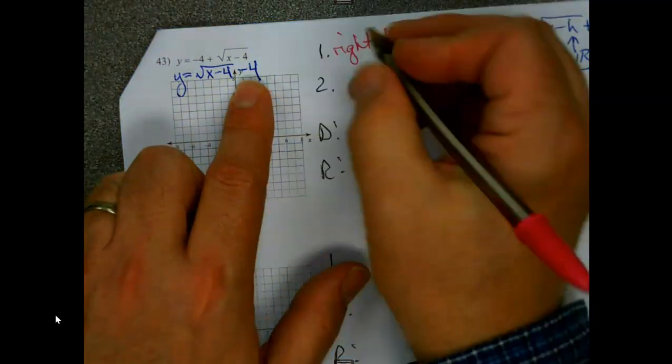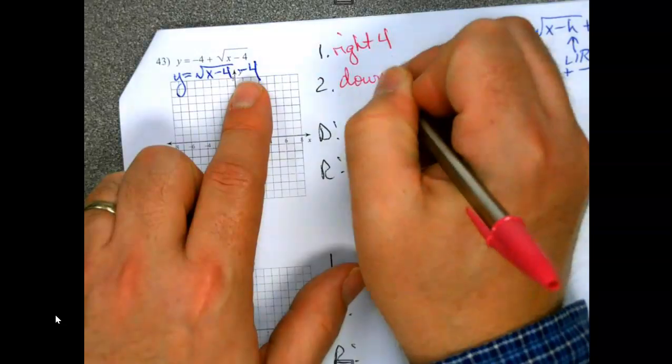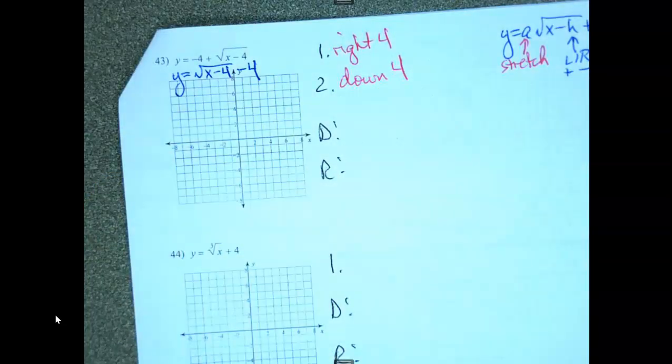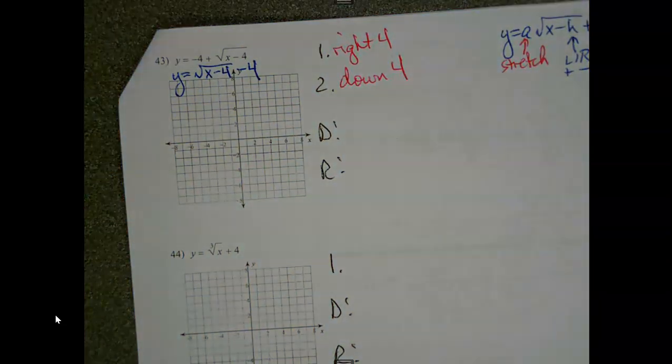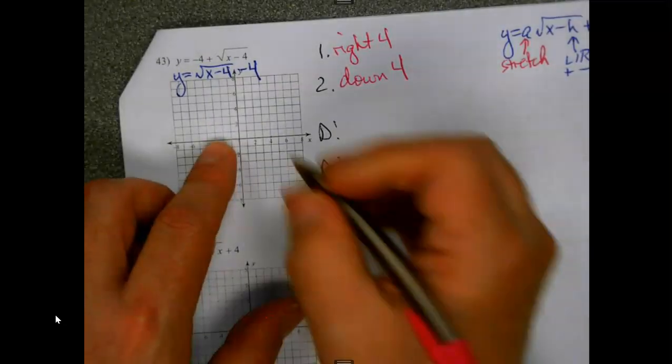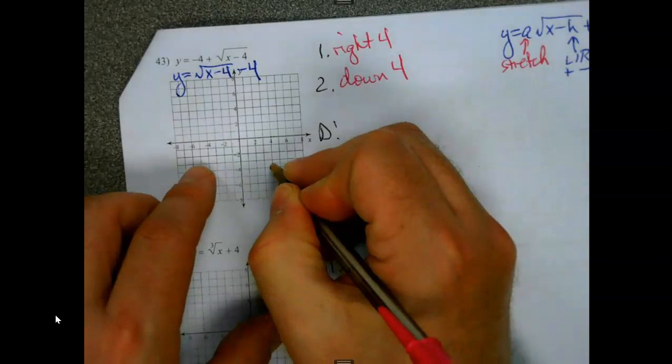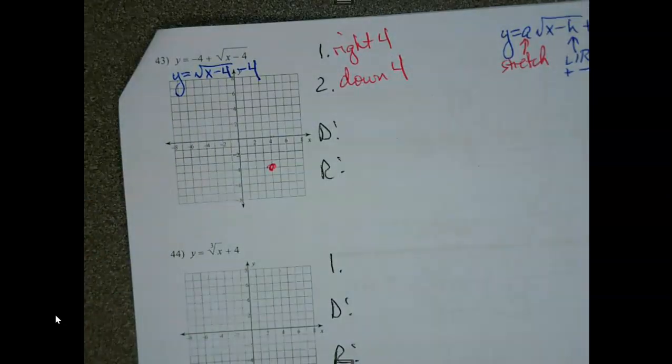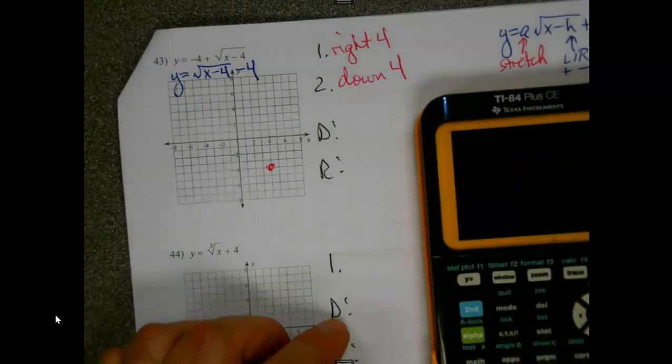Minus outside. So here's why that's important to us in the graphing part. If I start at 0 and I go right 4, and I go down 4, that's going to be the first point of my graph. I'll guarantee it. Let me show you.